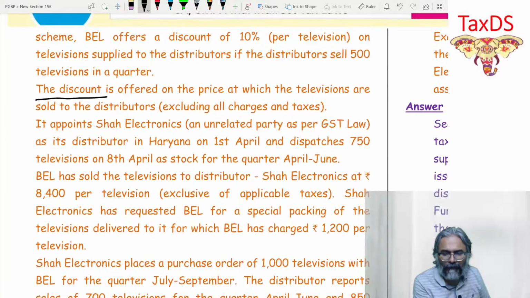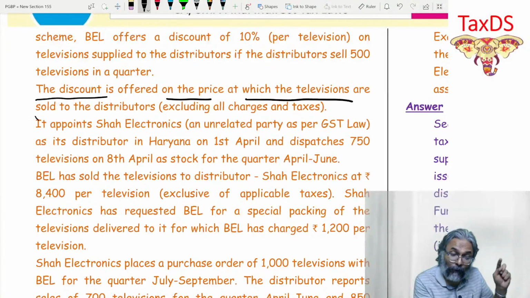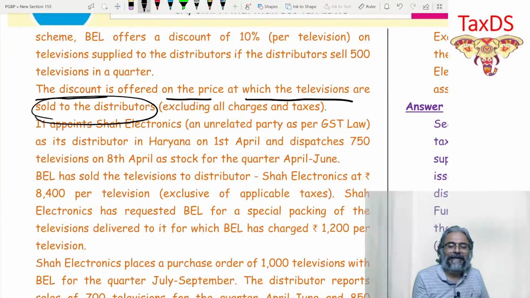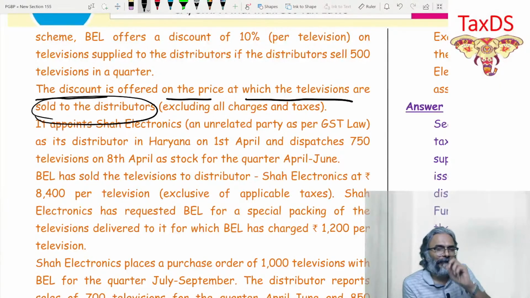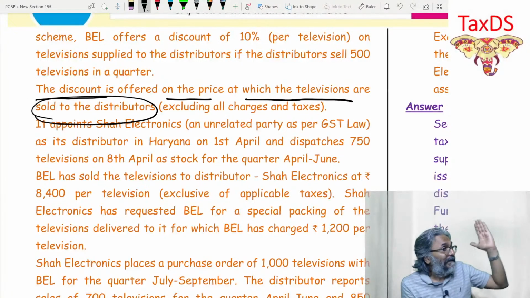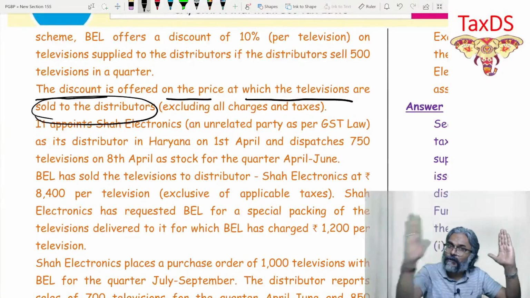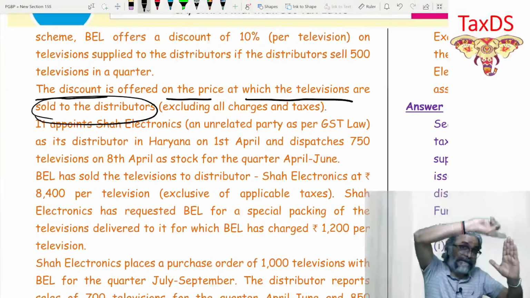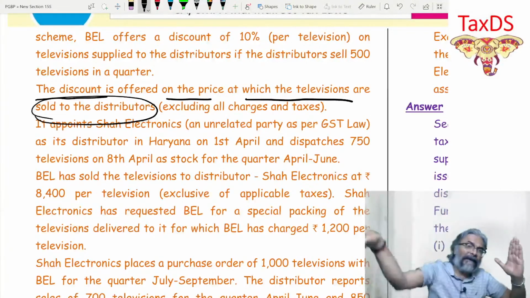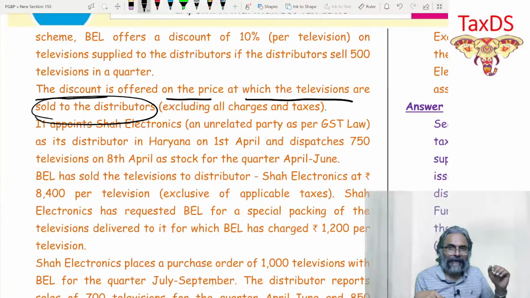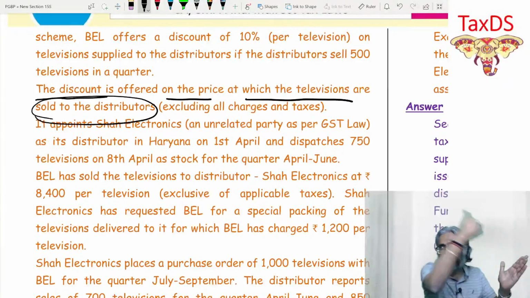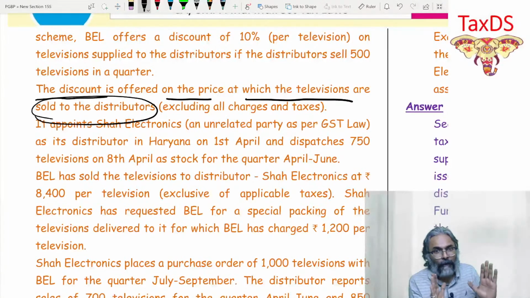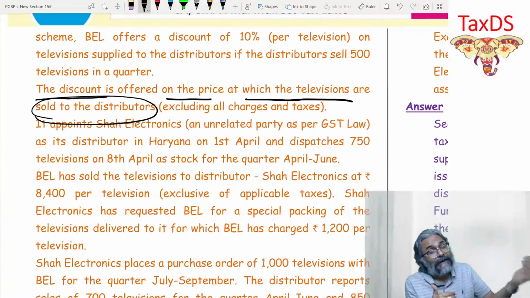The discount is offered on the price at which televisions are sold to the distributor. Can you see this? Which means what, students? Be careful. It means that the manufacturer has sold the goods to the distributor. So it is not a case of principal and agent that you're thinking about in this context, where the supply is from the principal and goes to the agent. No, because that is not a case of a sale.